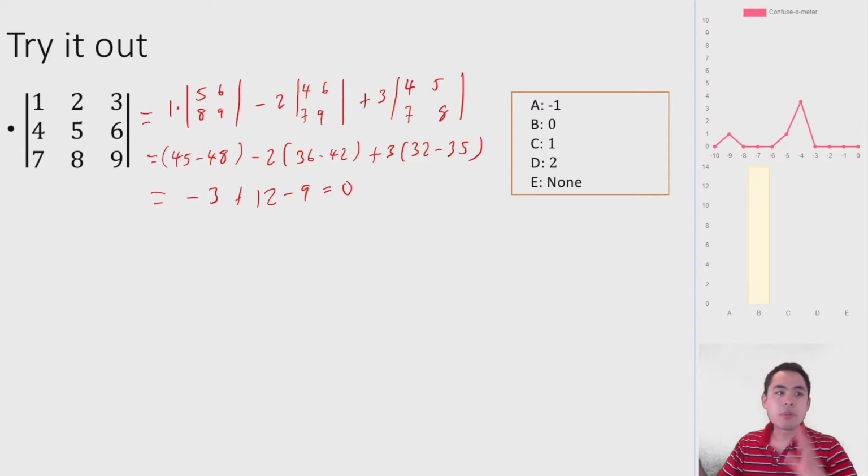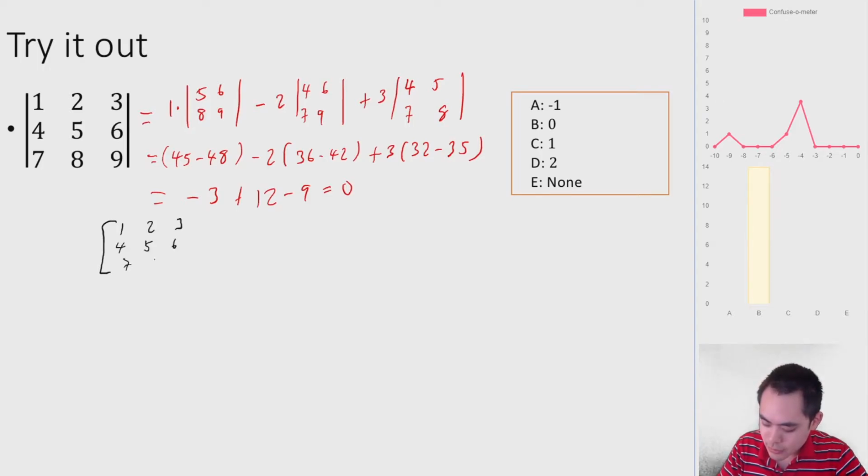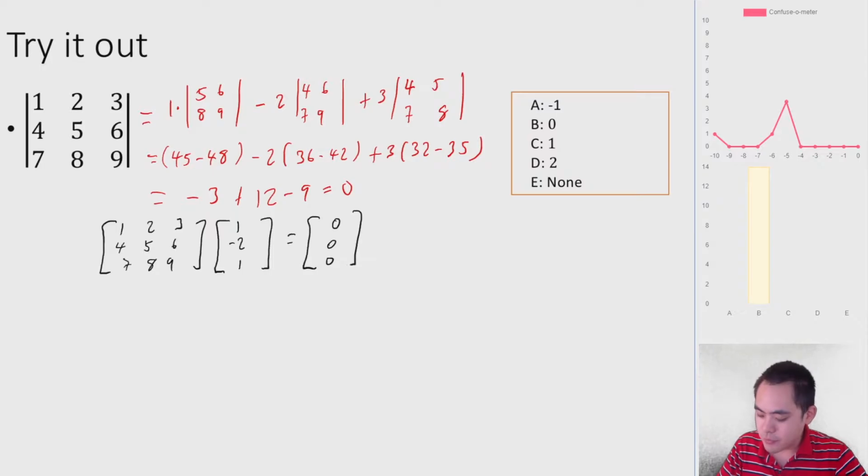Now, was there any other way to see that the determinant is equal to 0? Well, remember that the determinant equal to 0 means that it's not invertible. So, for example, if I told you that this matrix, 1, 2, 3, 4, 5, 6, 7, 8, 9, sends this vector, 1, minus 2, 1, to 0, 0, 0, then this is not invertible.